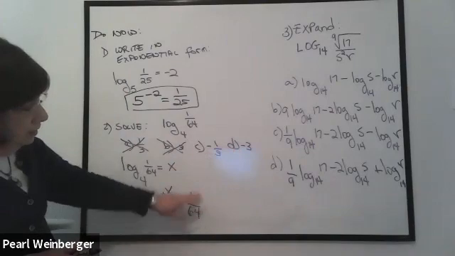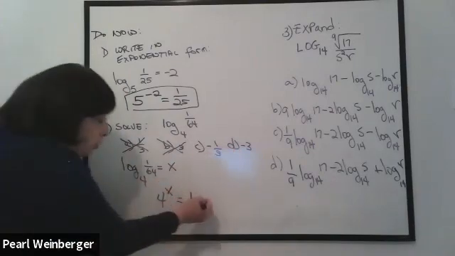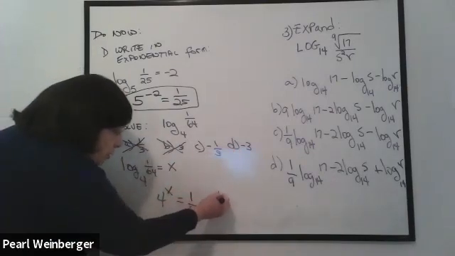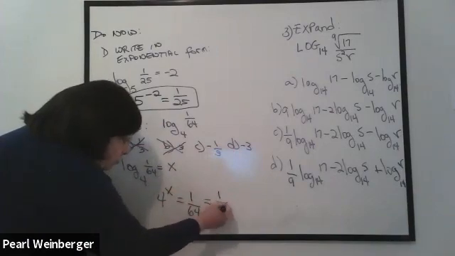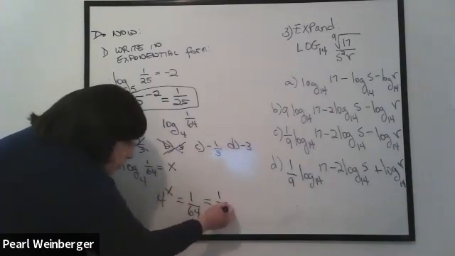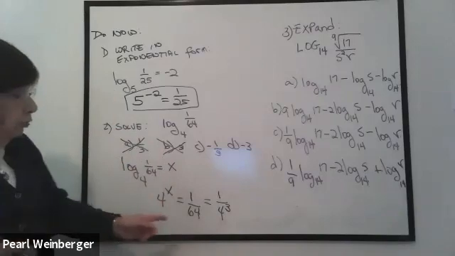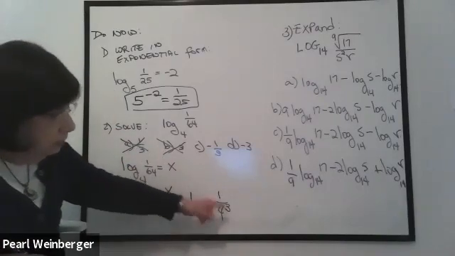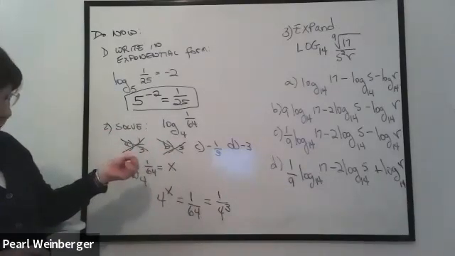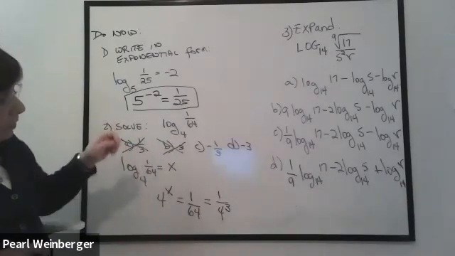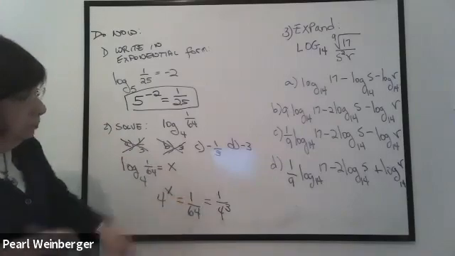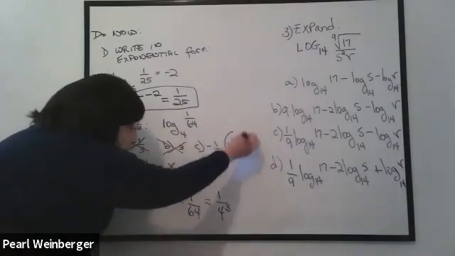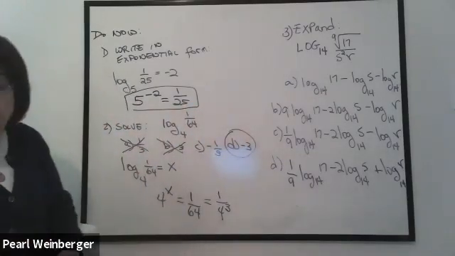Well, let's go a step further. In 1 over 64, the 64 is really 4 to the 3rd power. So the exponent is going to have to be a 3, but it has to be negative because we're doing the reciprocal. So the final answer has to be choice D, -3.